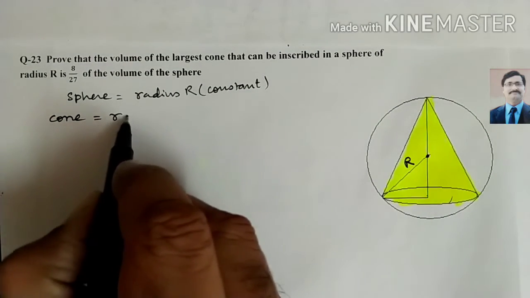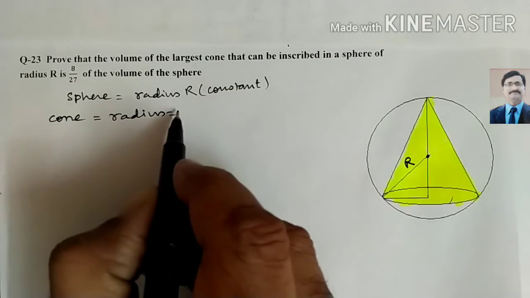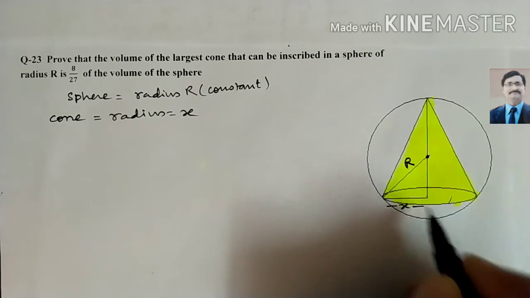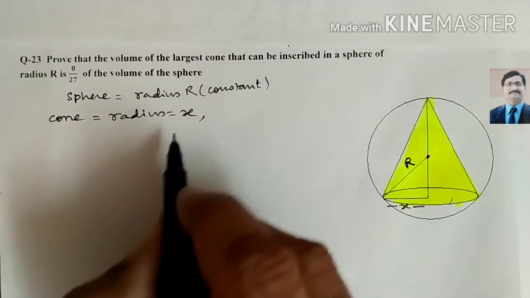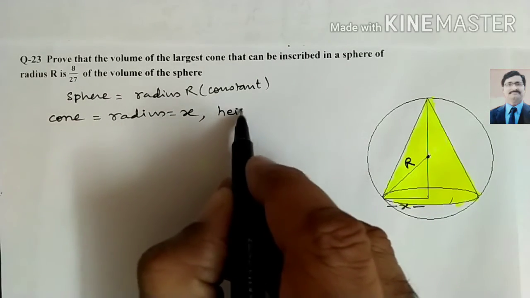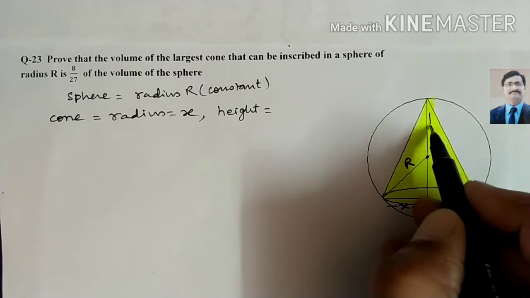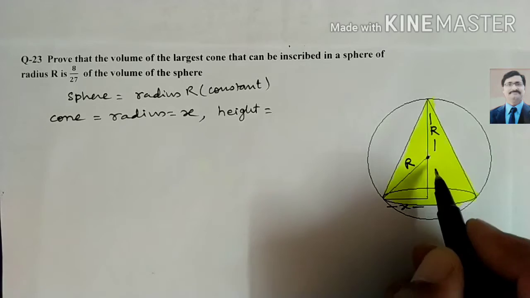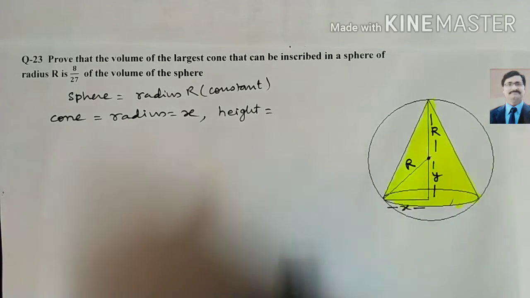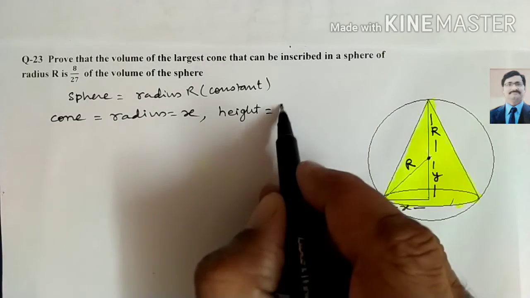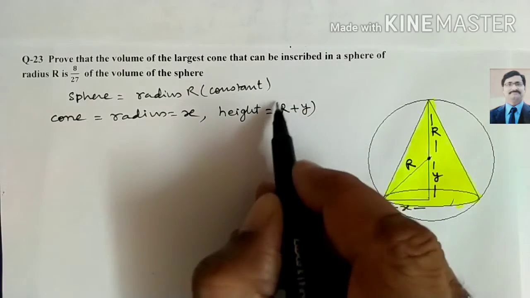We will take the radius equal to x, this radius we will take x here, and the height we will take here, this is R already, so we take R, and this portion we will take y. So height of this cone will be R plus y.